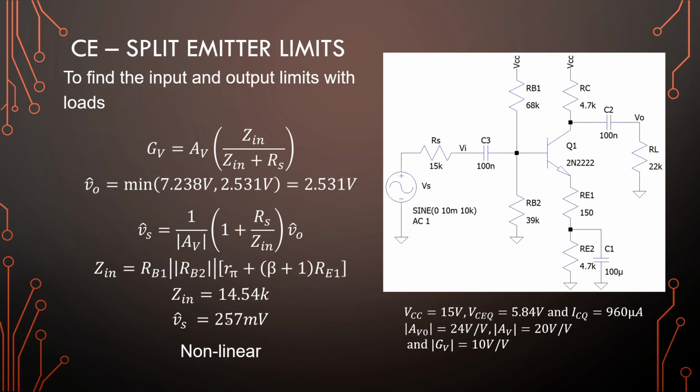Right, so if we take this 2.531 and we add our source resistor, note the increased input impedance, so our source becomes much higher, almost double from what we actually calculated in the previous stage. Okay, because the input impedance and the source nearly match.